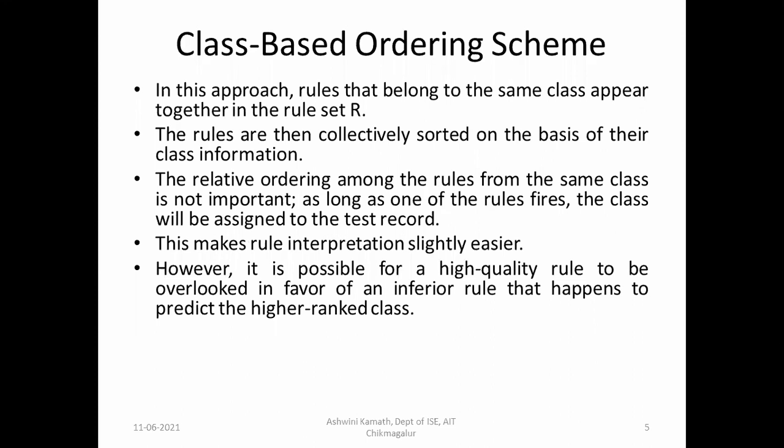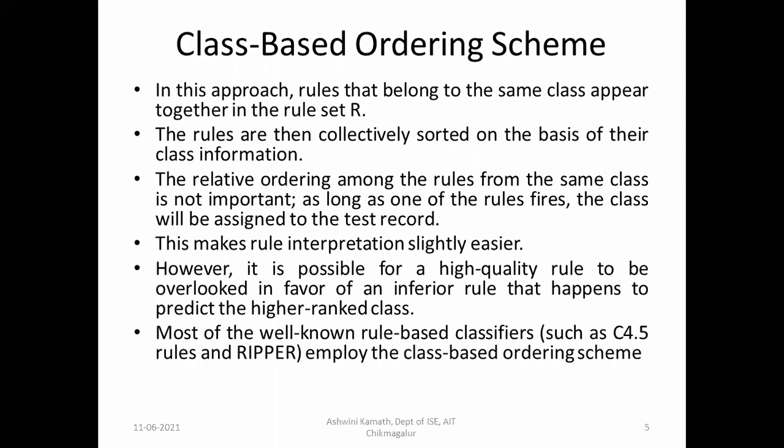However, it is possible for a high quality rule to be overlooked in favor of an inferior rule that happens to predict the higher ranked classes. So it is possible that a high quality rule, meaning rules which are in the beginning, will be overlooked in favor of inferior rules that happen to predict the higher ranked class.